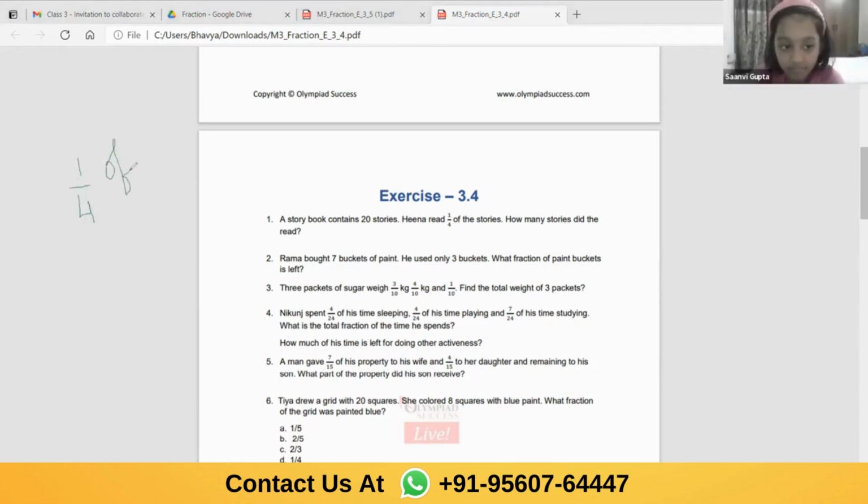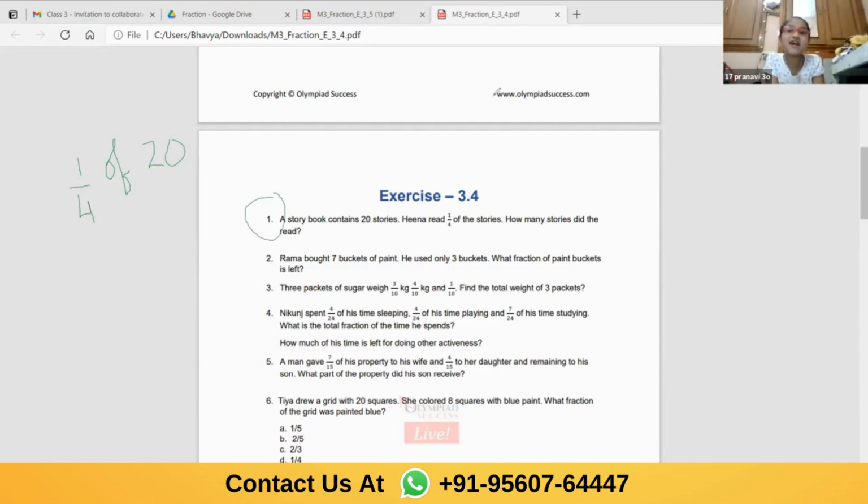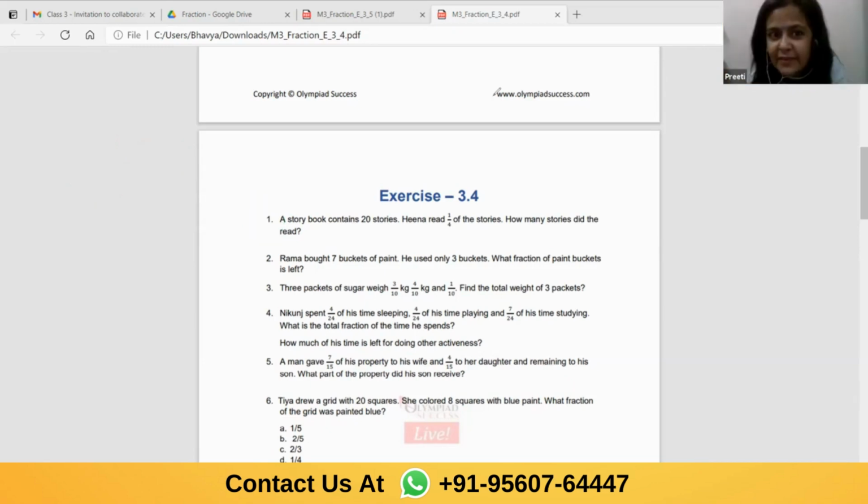So basically they are asking us to find out 1/4 of 20 because Hina has read only 1/4 of the pages. So everyone can do this question now? Yes, ma'am. The answer is 5. Please figure out the answer now. That is correct.